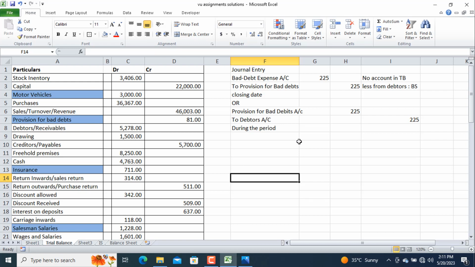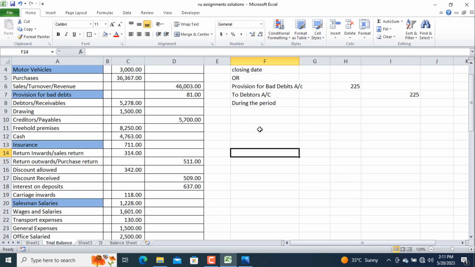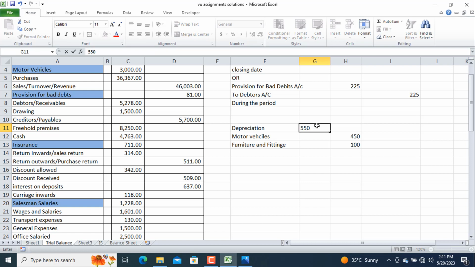So let's move to the depreciation entry: depreciation to motor vehicles and furniture and fittings. So here is going to be 450 and here is going to be 100, and it is total 550.